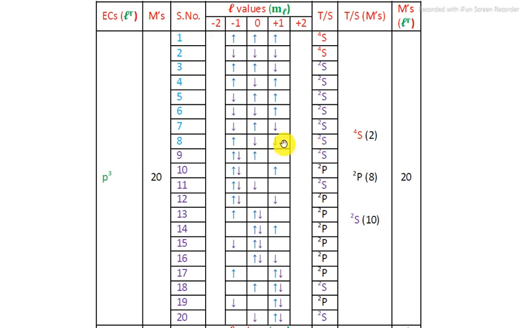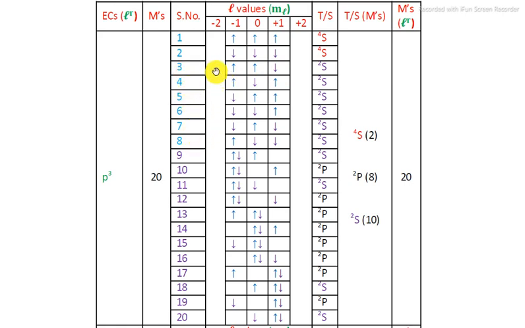For the total spin multiplicity, we have to see the number of unpaired electrons in that subshell from the microstate 3 to 8.